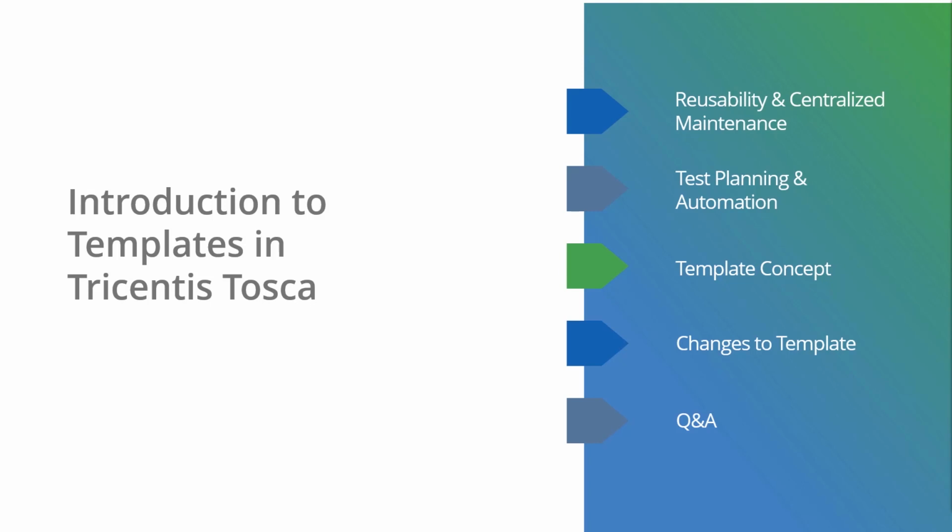And you'll also see how easy it then is to maintain the template artifacts. So if you have any changes, as I said before, you're using the centralized maintenance concept here so that any changes to the template then populate throughout to all of the test cases that are built on that template, so you don't have to worry about updating individual test cases.